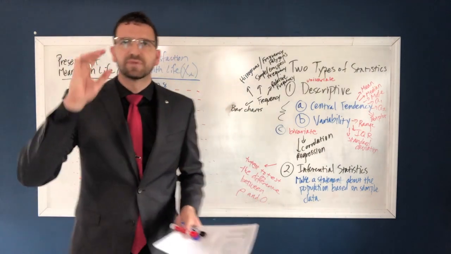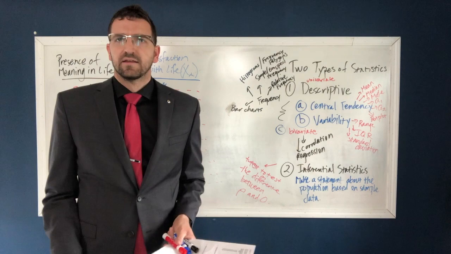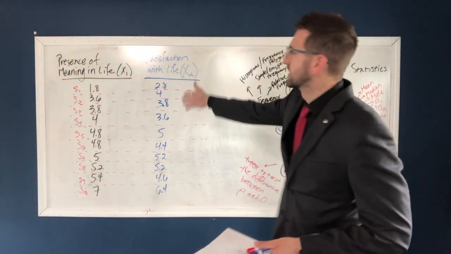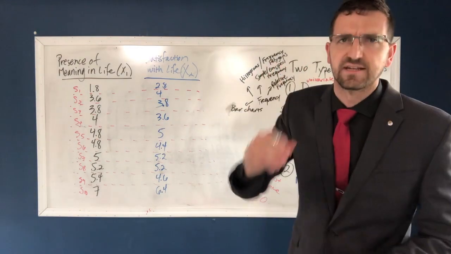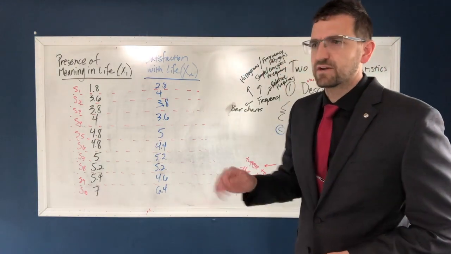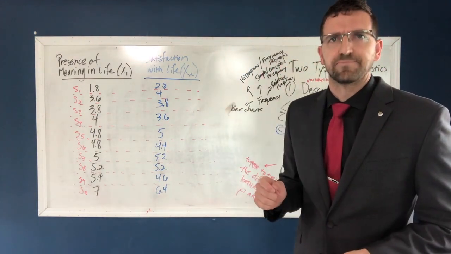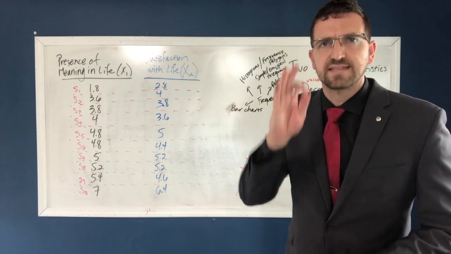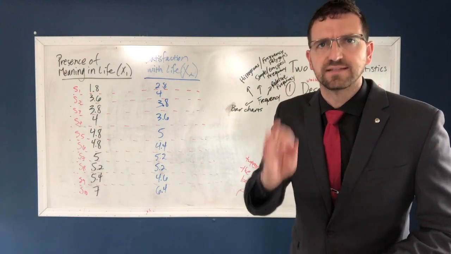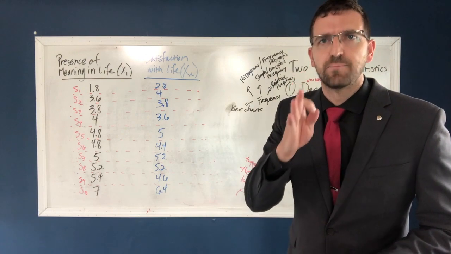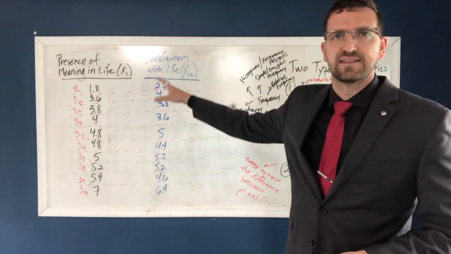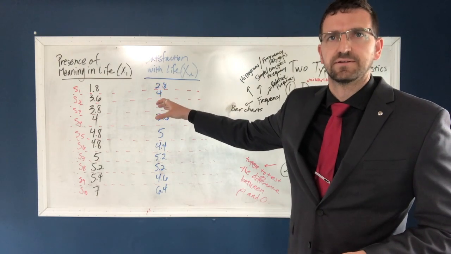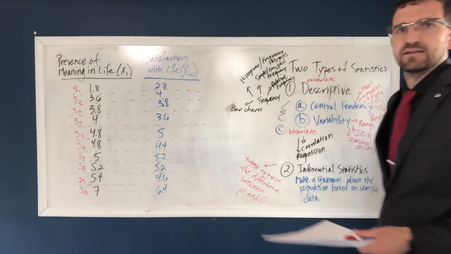Like I said at the beginning of this video, we're going to find the correlation of these data here. I'm actually going to give it to you. And that's going to represent our sample correlation. And then with that sample correlation, we're going to try to make a statement about the greater population relationship between these two variables. So there you have it.